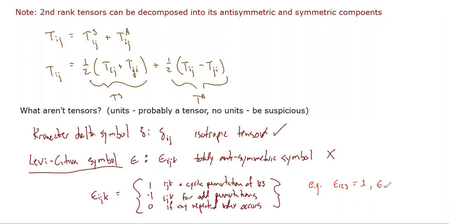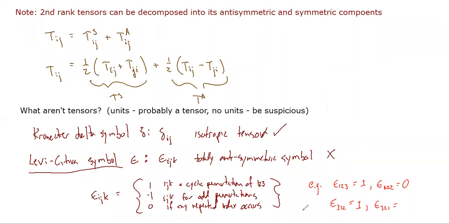Levi-Civita symbol 1, 2, 2 equals 0 because there are two 2's; if any index is repeated, it's 0. Levi-Civita symbol 3, 1, 2 is equal to 1 because 1, 2, 3 occurs in the right order, just wrapping around. What about 3, 2, 1?